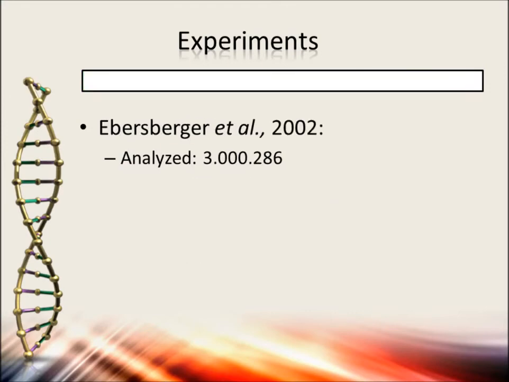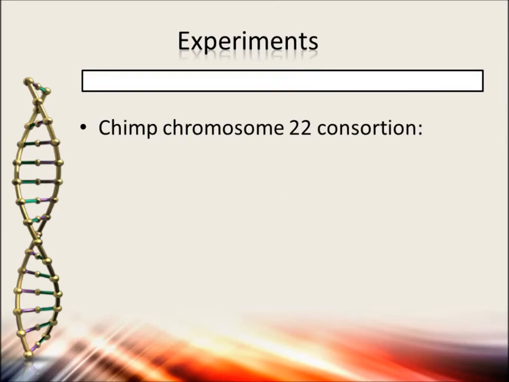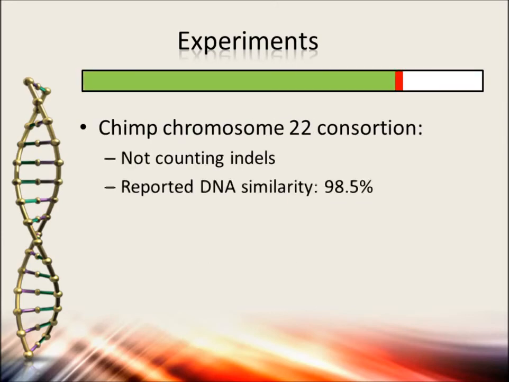Ebersberger et al. in the same year analyzed over 3 million base pairs, got almost 2 million of them aligned and reported 98.8% similarity. But apparently 35% was too different to align. Chimp chromosome 22 consortium reported 98.5% DNA similarity, and the amount of removed data was between 15 to 20% of the investigated genome.